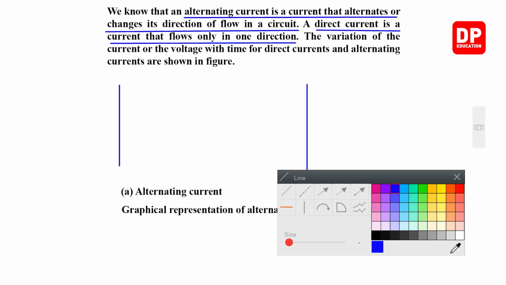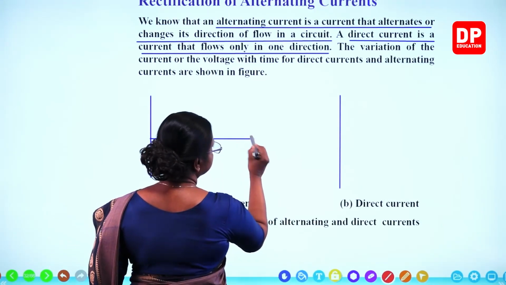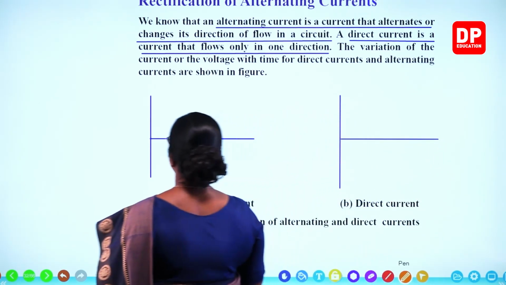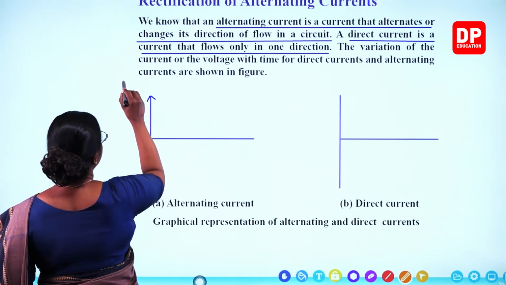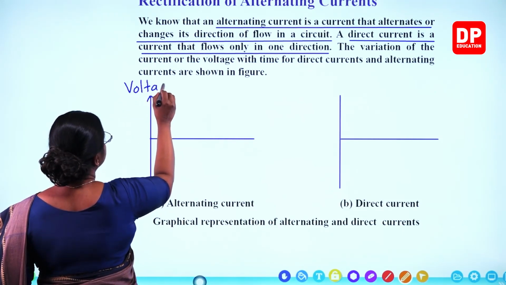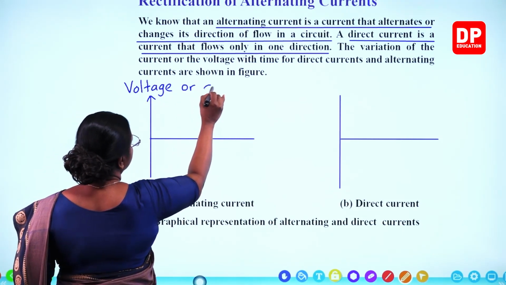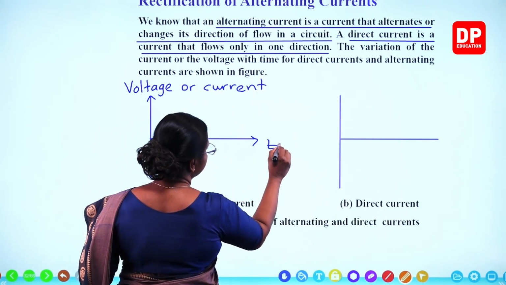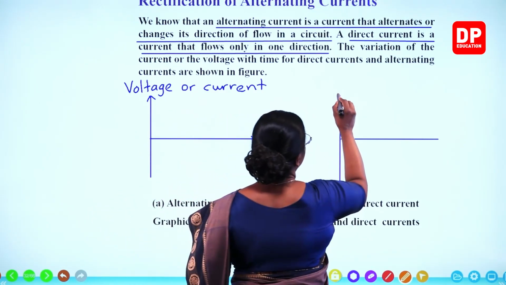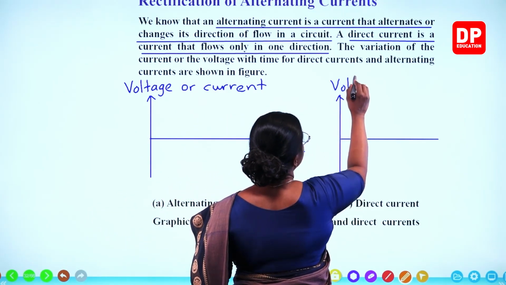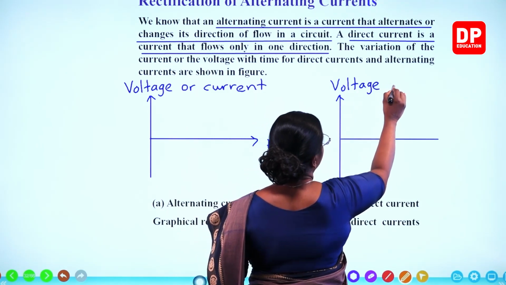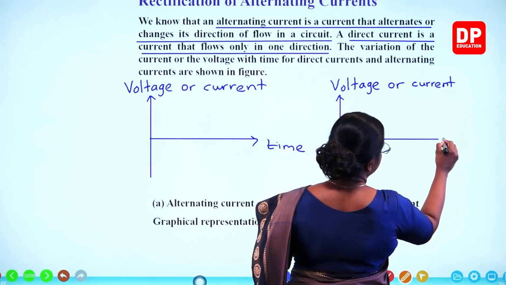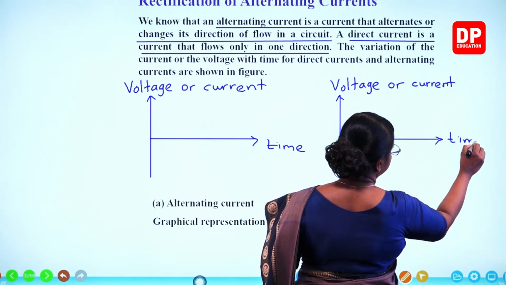Then we will have the x-axis, that also here. Here the y-axis can be voltage or current, and the x-axis will be time. And here also this can be voltage or current, and that is going to be time.